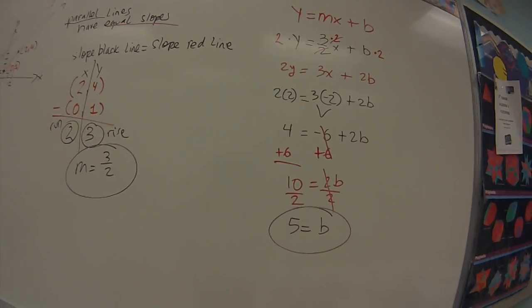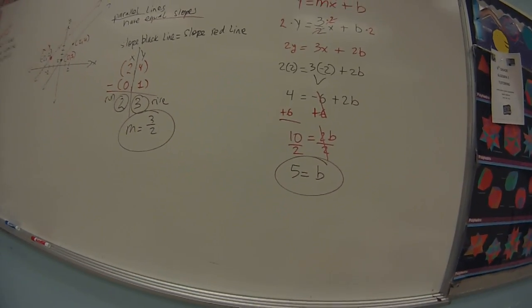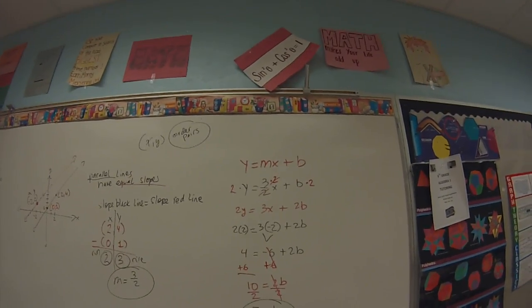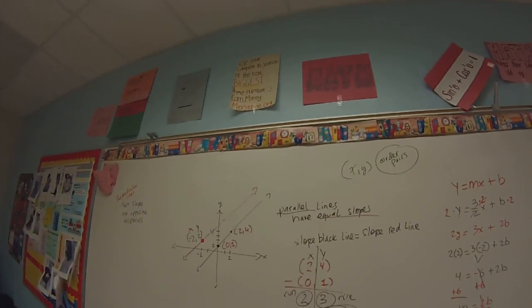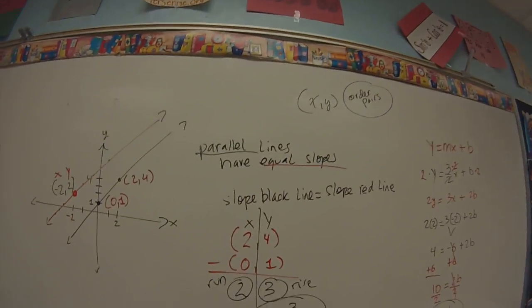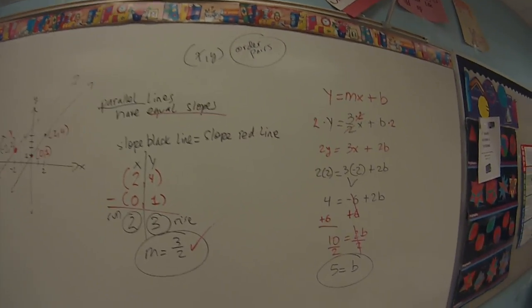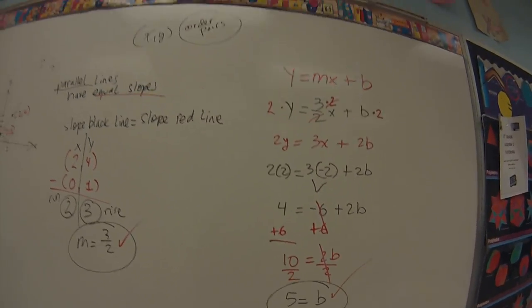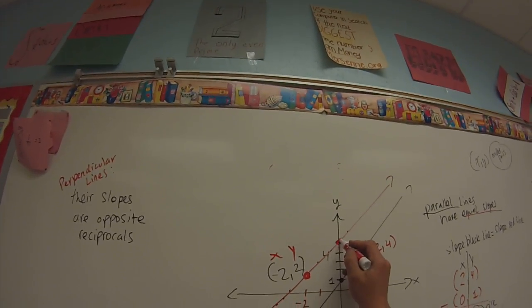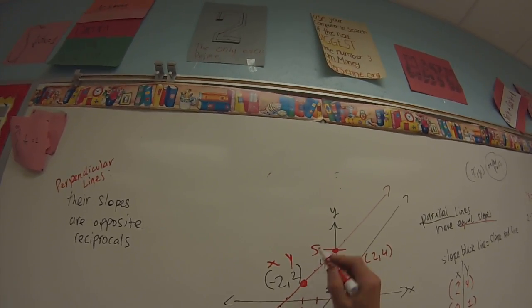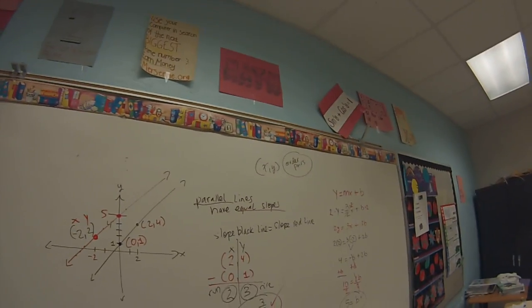Little b is 5. And we found our equation of our red line. The slope of the red line is 3 over 2. The little b of the red line, which is the y-intercept, is +5, which is in here. That is my little b, my y-intercept of my red line, +5.